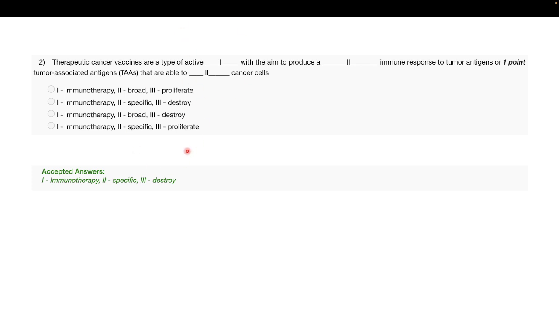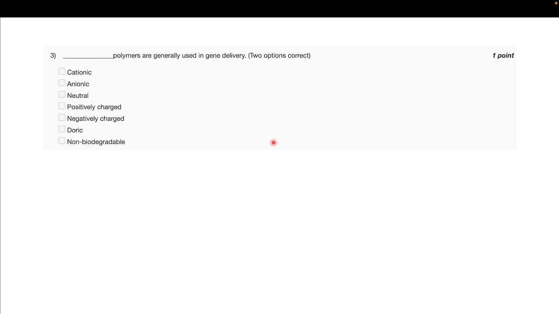So all the things we are doing is because we want the immunity to be very specific against the tumor antigens, and we want the immune cells to then destroy these cancer cells. Is it clear? Yes, ma'am. Thank you. Okay, let's move on towards the next question then.